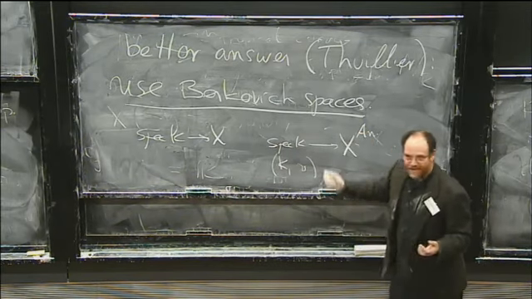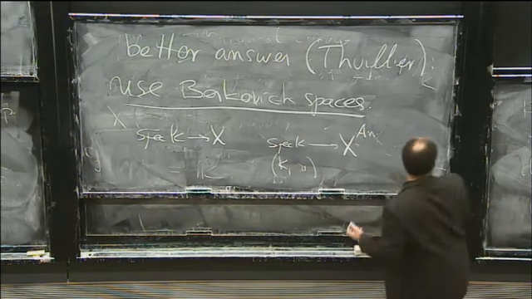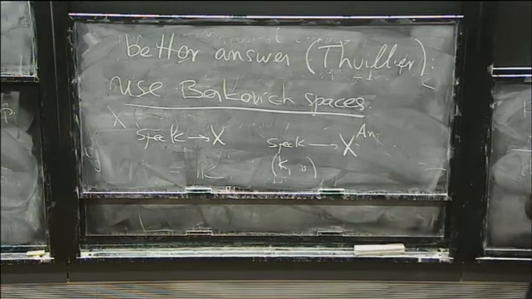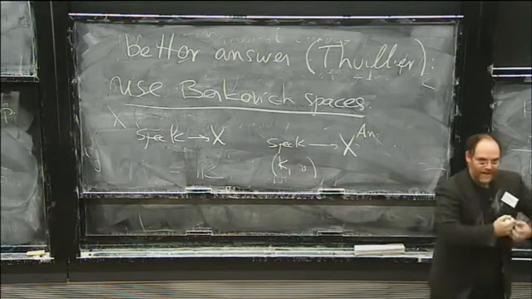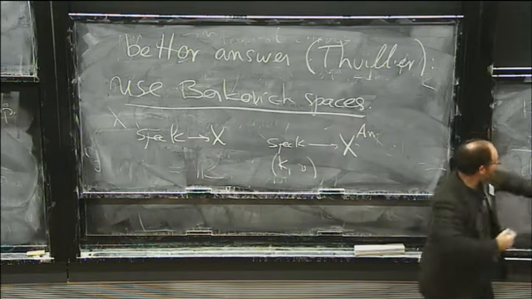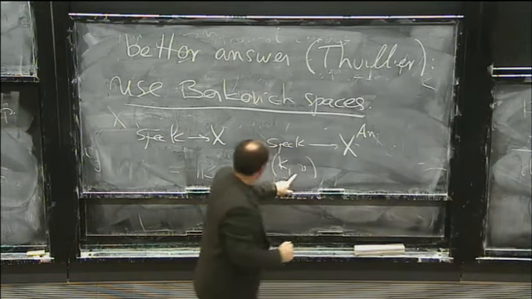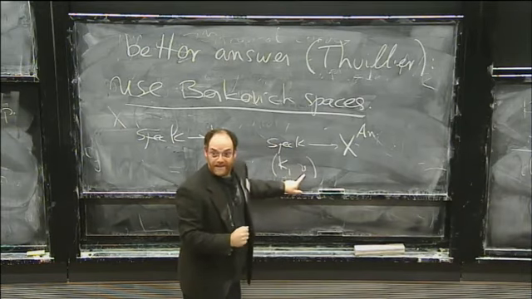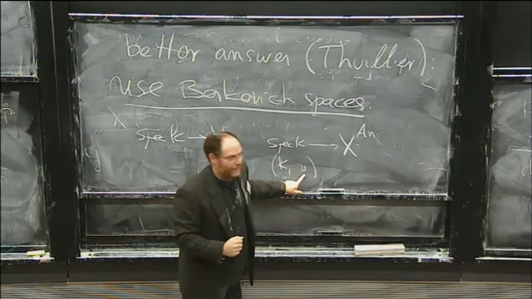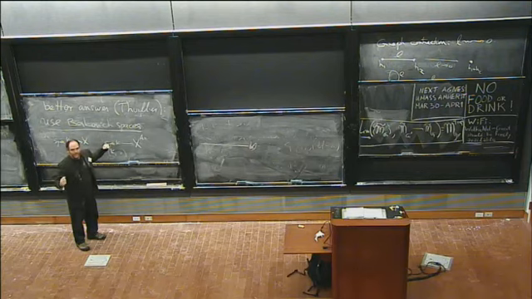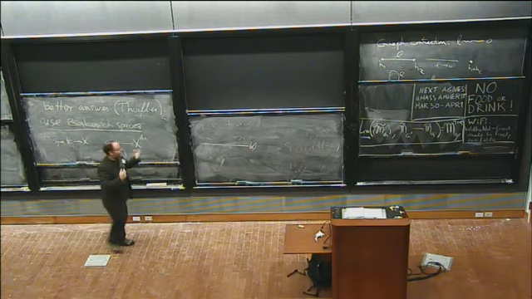What the Berkovich does for you is it takes this horrible generic point of, let's say, P1, and it stretches it out by allowing you to vary the evaluation on the function field. It stretches it out to a whole tree of points.